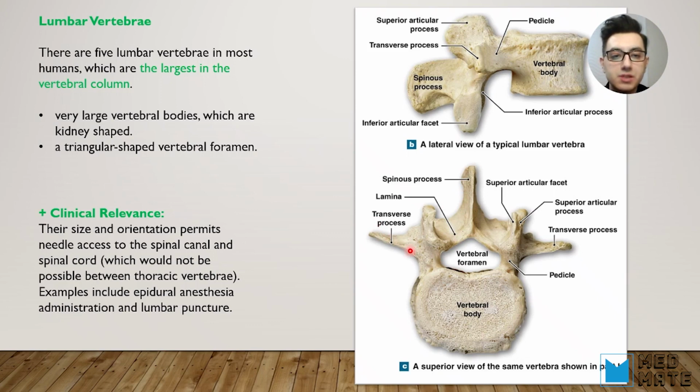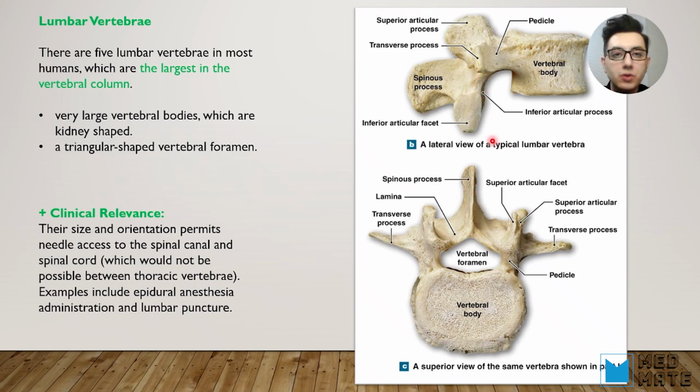We have the transverse process, 2 transverse processes, and then we have the superior articular facet. Here, it's not indicated, but this part of the lumbar vertebrae is called mammillary processes. We have 2 of them. One of them is here, one of them is here. And also we have accessory processes. I think you can see that better here in this part. This is the accessory process of lumbar vertebrae.